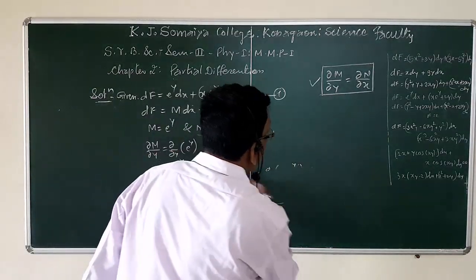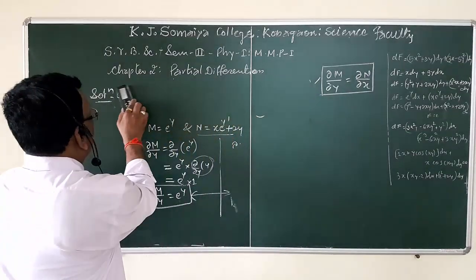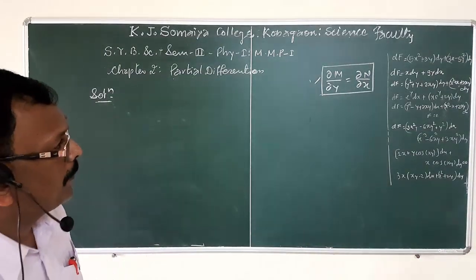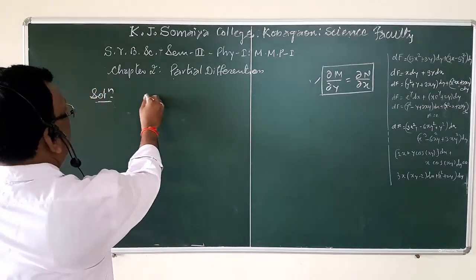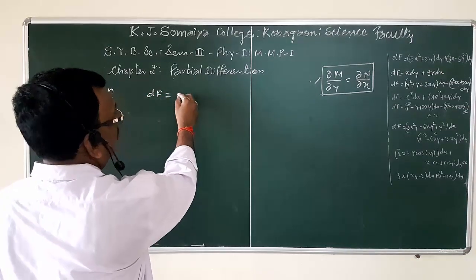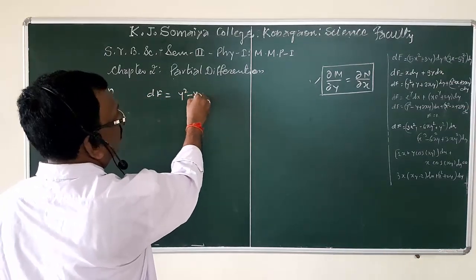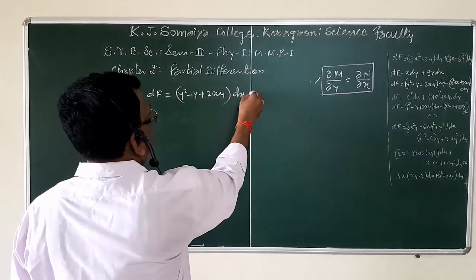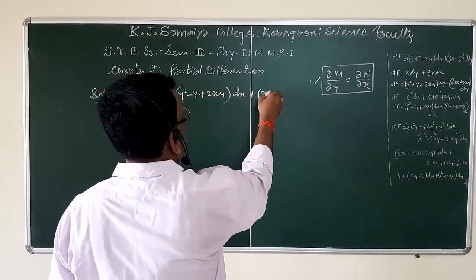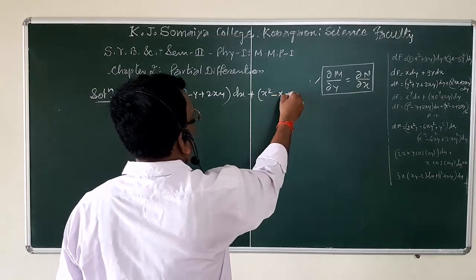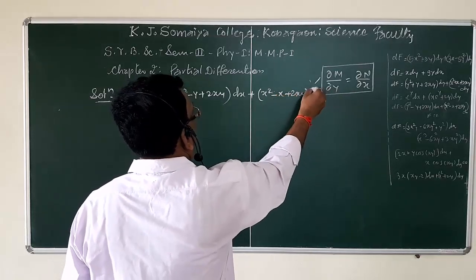Now, see one more problem. We have given a function df is equal to (y square minus y plus 2xy) dx plus (x square minus x plus 2xy) dy.